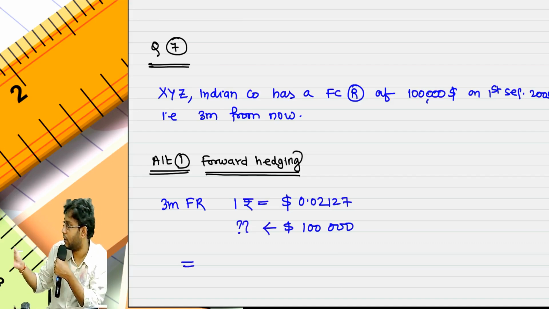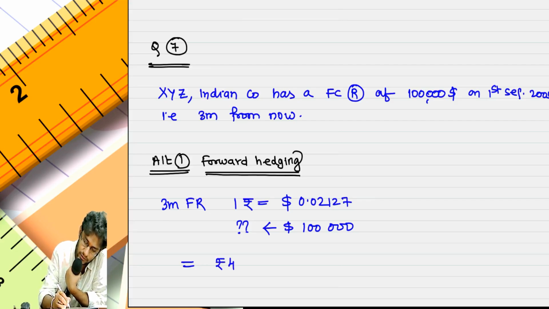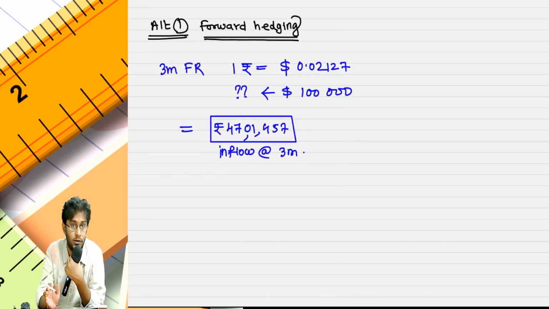You need not convert the rate; write it below that corresponding currency and you will automatically get the conversion. 47 lakhs. This is the inflow at 3 months. See how simple it is.